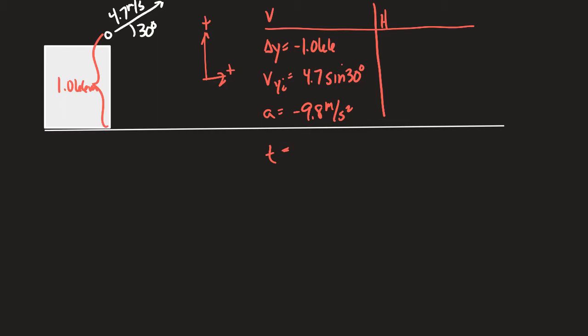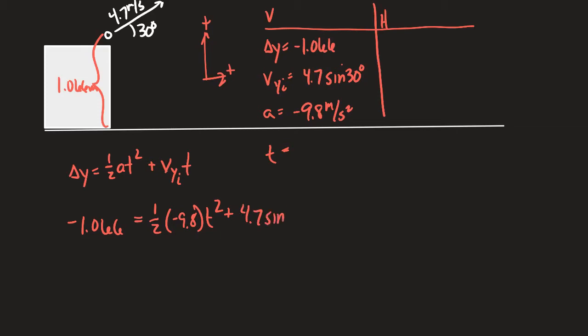There's only one way through this. Delta y equals 1/2 a t squared plus Vy initial times t. So, negative 1.066 equals 1/2 times negative 9.8 t squared plus 4.7 sine 30 times t.